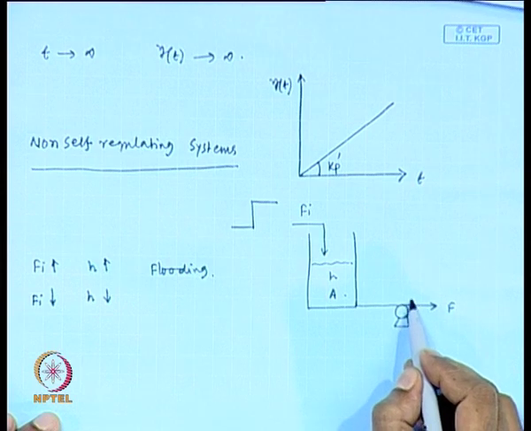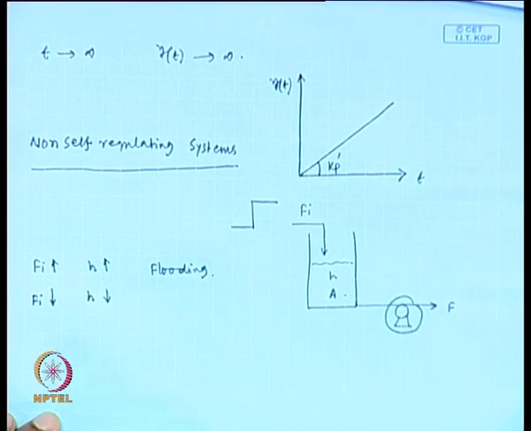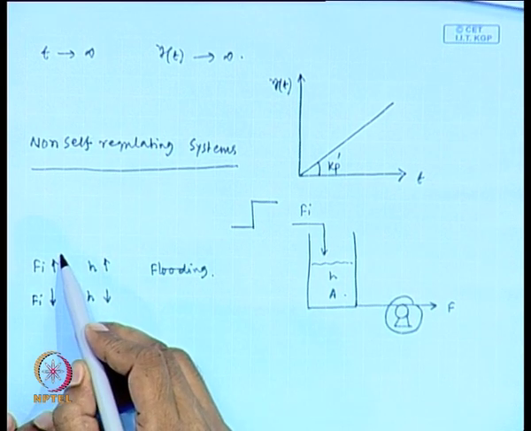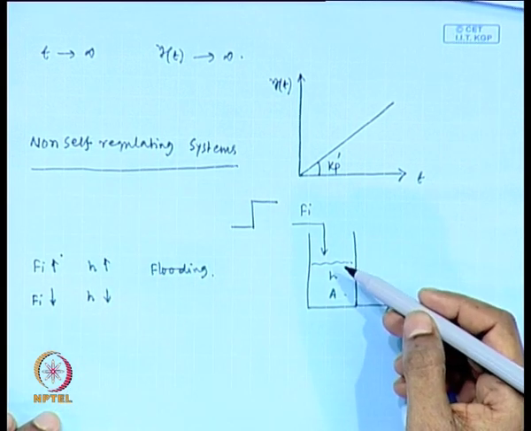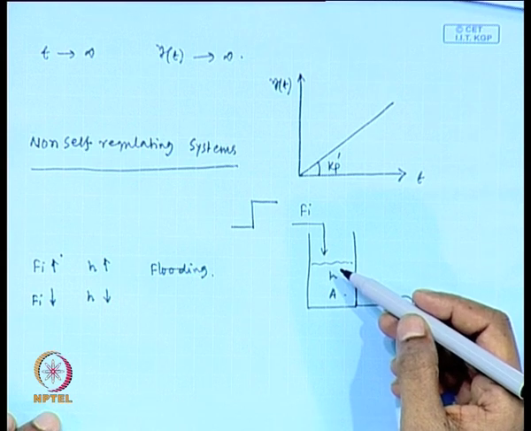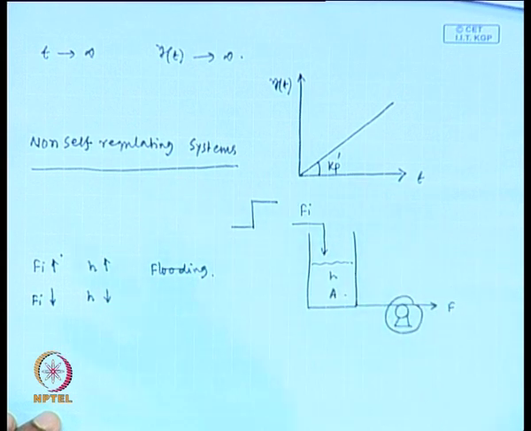If there is no pump, with the increase of F_i, the height increases instantly, then hydrostatic pressure increases, which in turn increases the outflow rate and equilibrium is established, that is basically the new steady state.